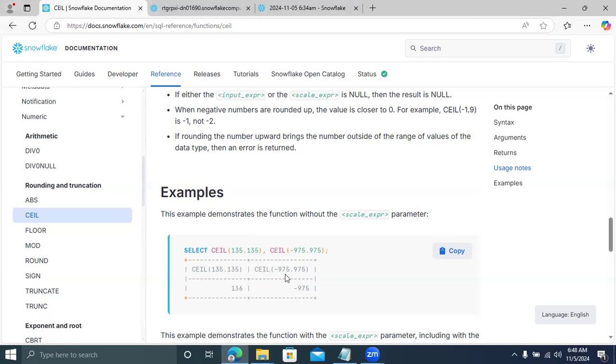Now, in the sense that it is taking the larger integer, it will come backwards to minus 978. Now you have to say, is minus 978 a larger value or is minus 979 a larger value?